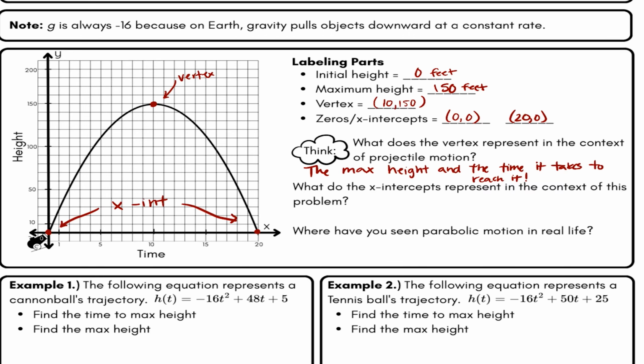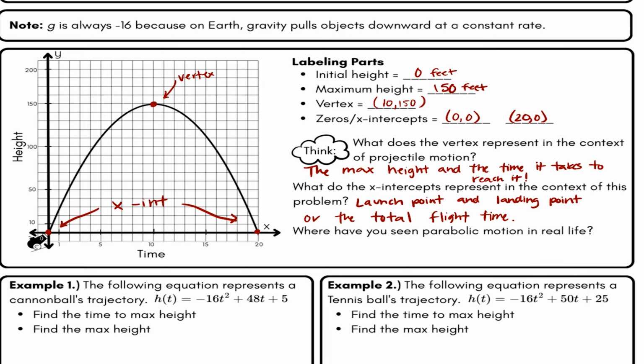So in this particular problem, it's talking about the launch point and the landing point. Or we could say the total flight time, right? From the time that it gets launched to the time it lands. So the x-intercepts represent the total flight time.